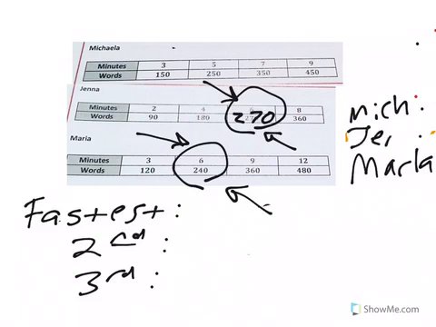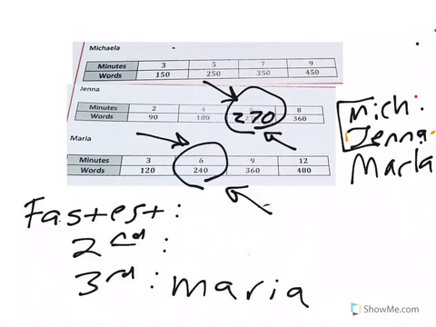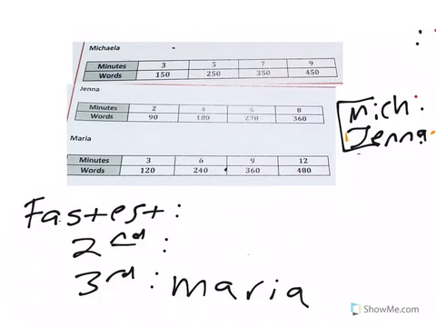So if I put her above Maria, because I know she's faster than Maria, the only thing I need to know now is who is faster between Michaela and Jenna, because I know Maria is going to be in last place. I could find comparable data to compare those two, and I know that she is slower than both Jenna and Michaela.